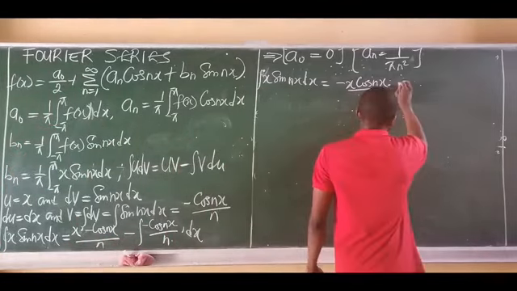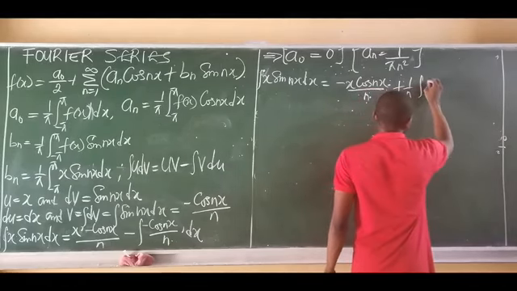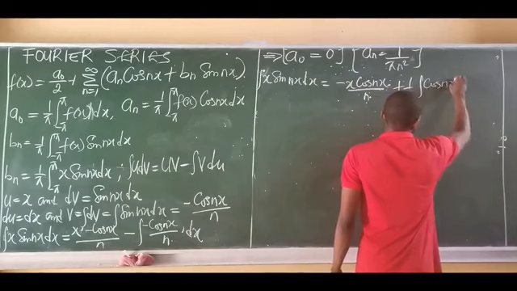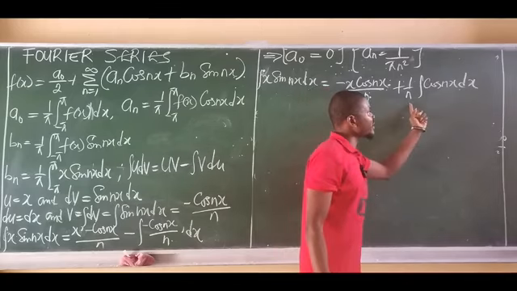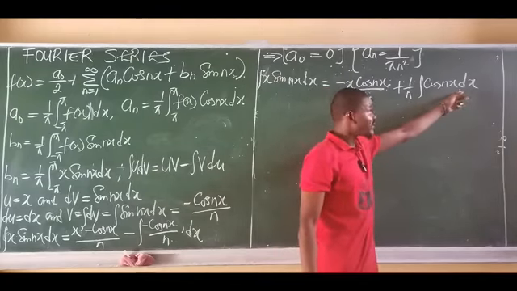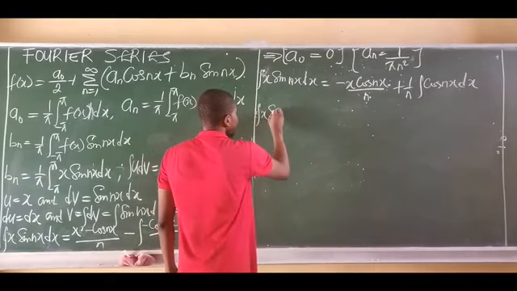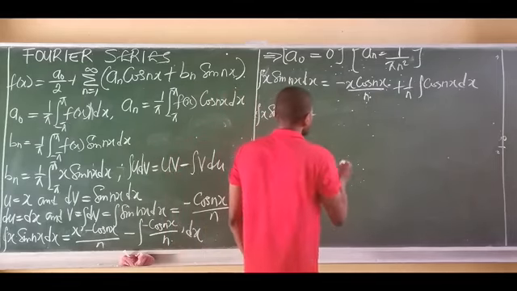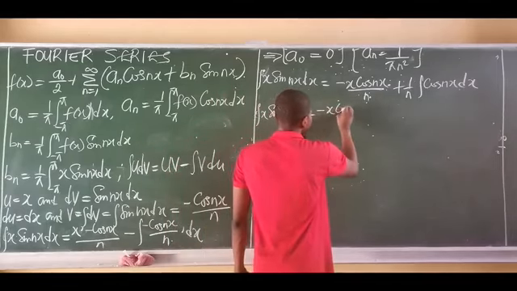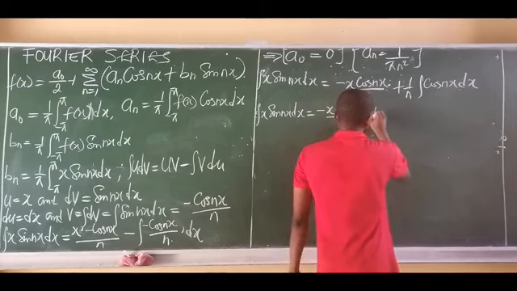This becomes plus 1 all over n integral of cos nx dx. So this simply shows I'm going to be integrating this function once again. So the integral of x sine nx dx is now equal to minus x cos nx all over n plus 1 all over n into the integral of cos nx dx.